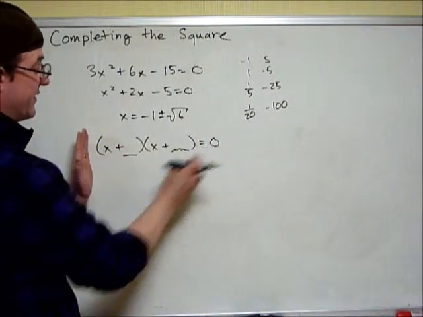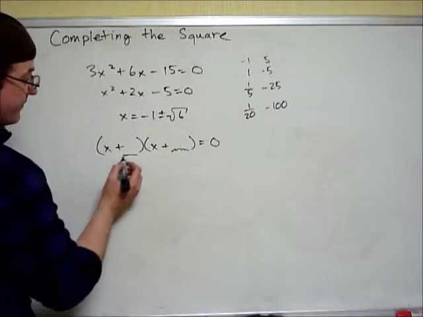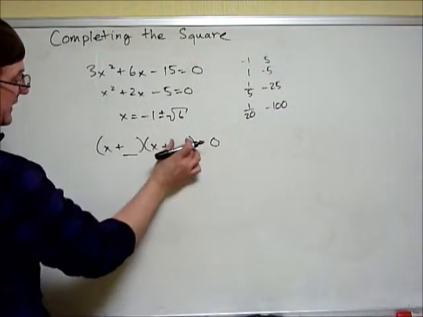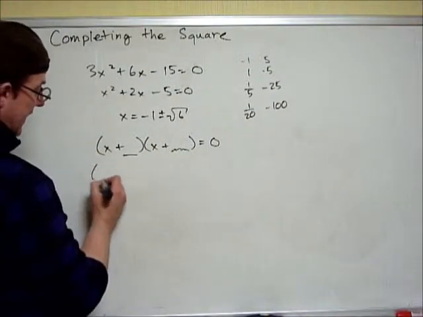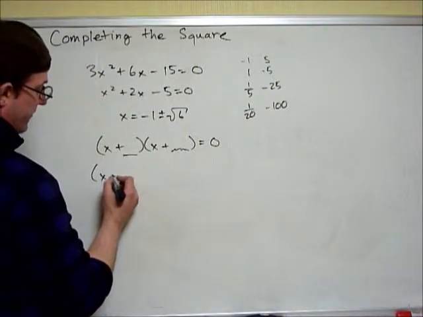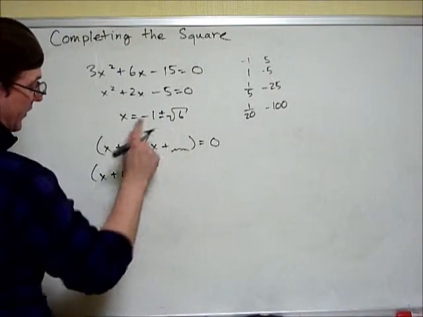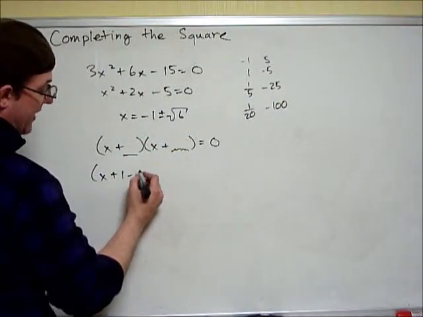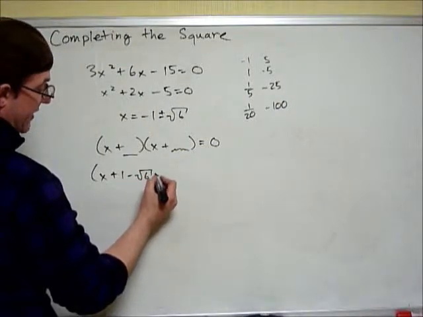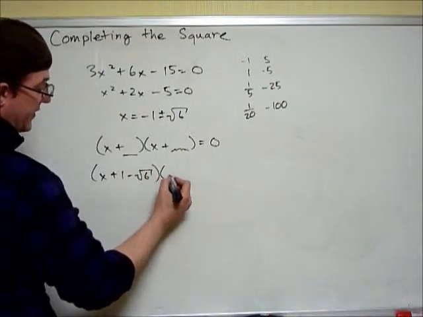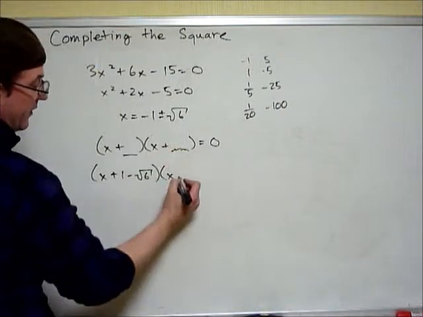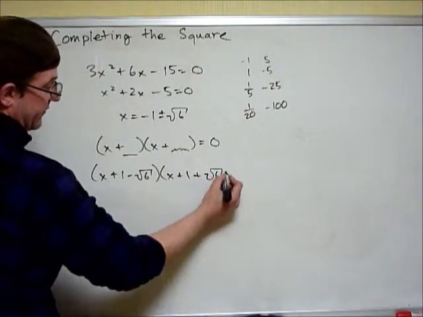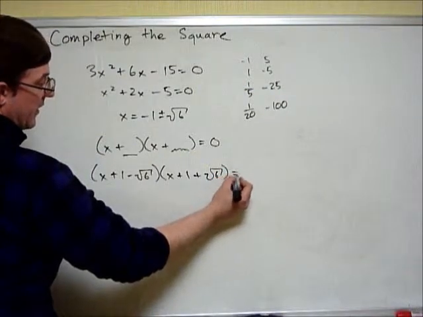Because we have to move that to the other side of the equation. So if I apply it negatively to these places, I'll get x plus 1 minus the square root of 6 the first time. And then this time x still plus 1, but now plus the square root of 6. Okay? And this equals 0.